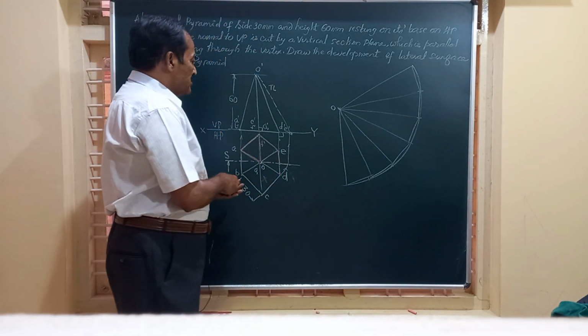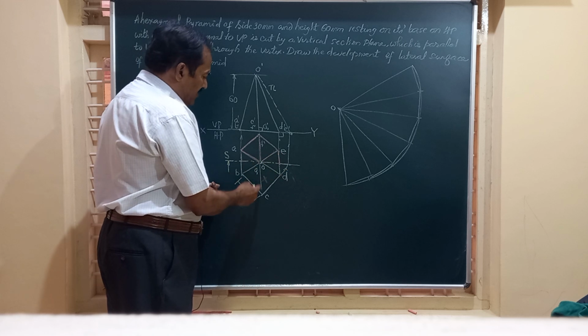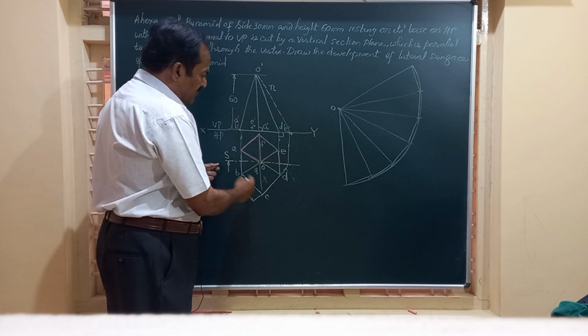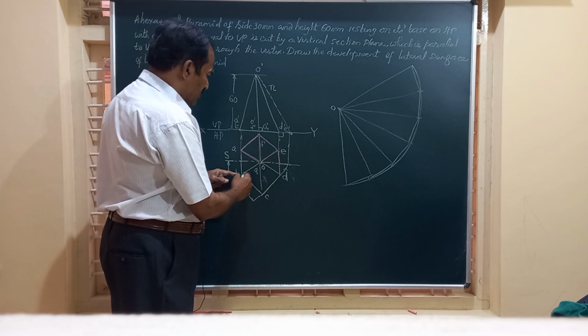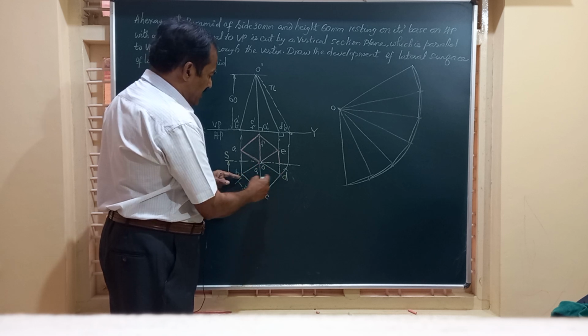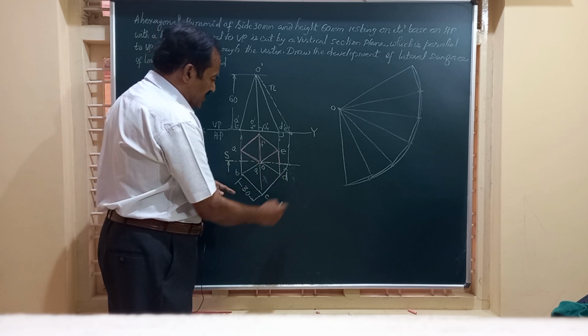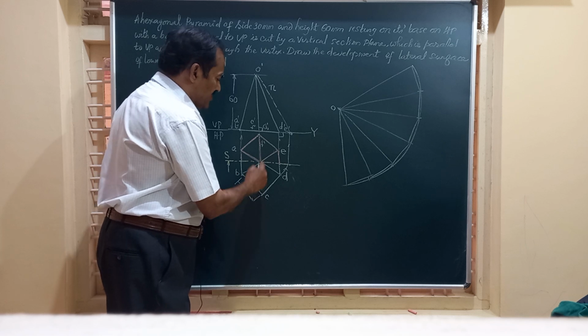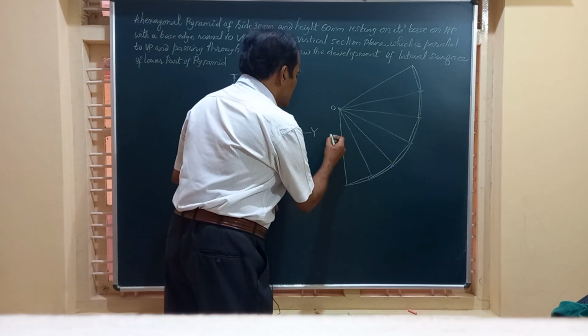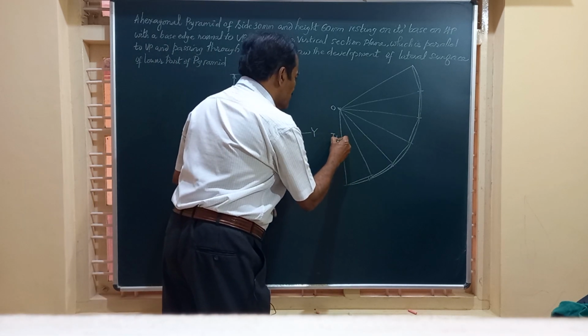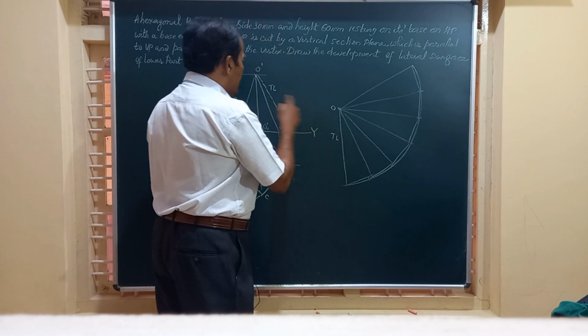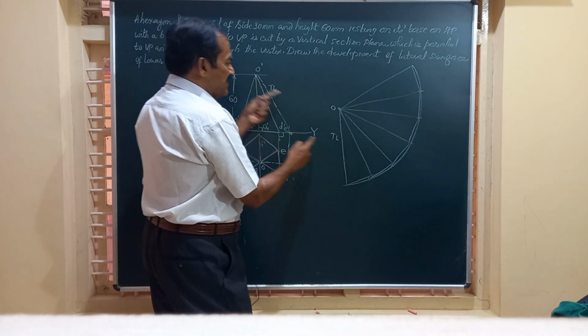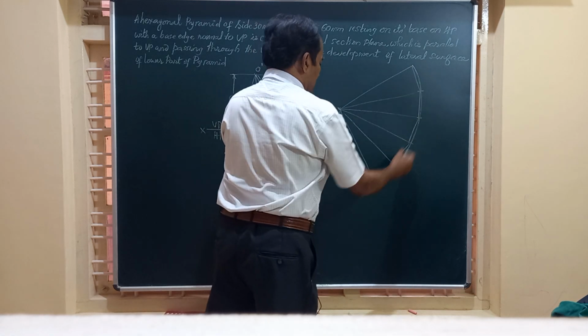Now you can start the development from any one of these, either OB, OD or OC, because they are totally removed. Say I am starting from this OC. So this is the true length. I am going to draw an arc taking O as center, true length as radius. I have drawn an arc.